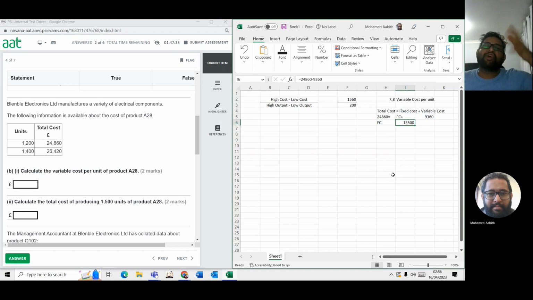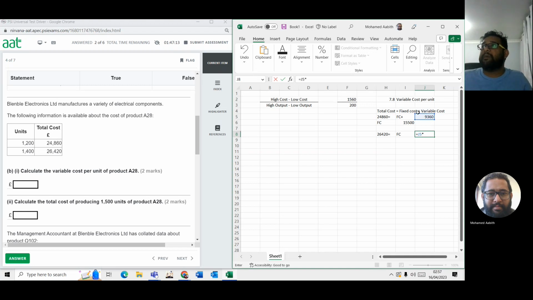We can prove it by trying the next level as well, because I'm going to use the same formula for the second level, which is 1,400 units. 26,420 equals fixed cost plus the variable cost. Variable cost is going to be equal to what?